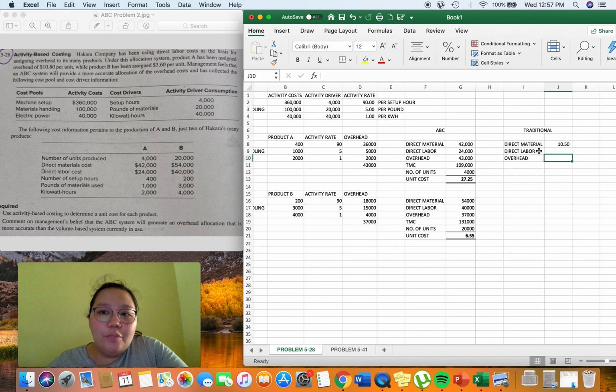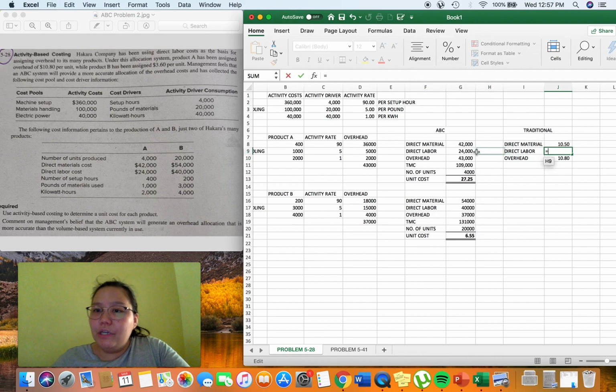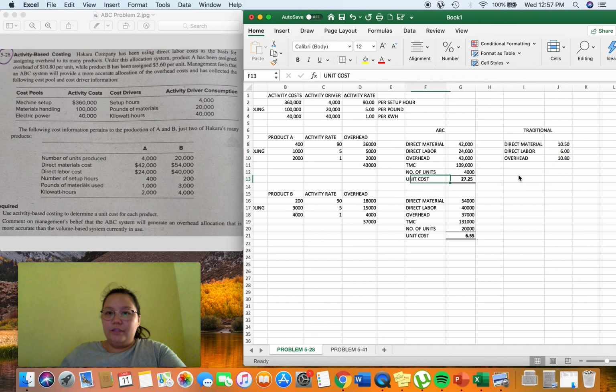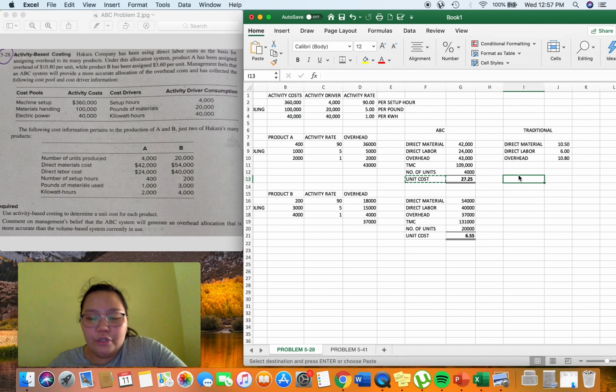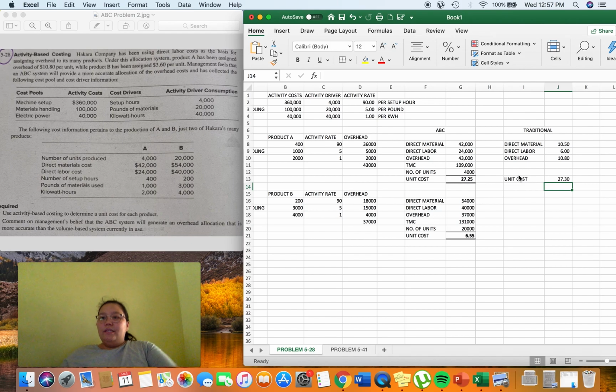Kino-convert na lang din natin sa per unit yung direct material tsaka yung direct labor cost natin para mas madali. Okay? Tapos itong overhead mo, 10.8 na. And then, for our direct labor naman, we have 24,000 divided by 4,000 units manufactured will get 6 pesos. So, yung unit cost natin, our unit cost is equal to 27.3.